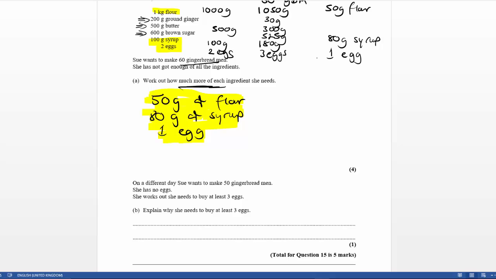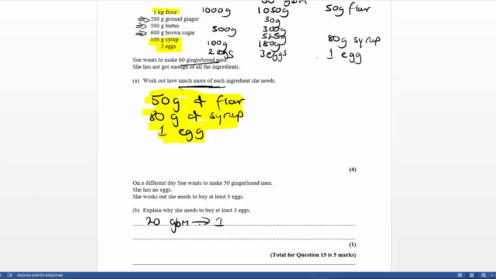It says here, on a different day, Sue wants to make 50 gingerbread men. She has no eggs. She works out she needs to buy at least 3 eggs. Explain why she needs to buy at least 3 eggs. We know from our previous workings, 20 gingerbread men, you'll need 1 egg.